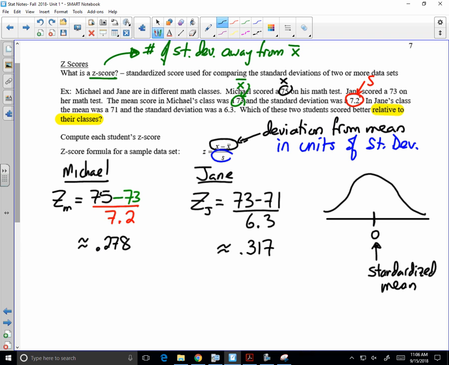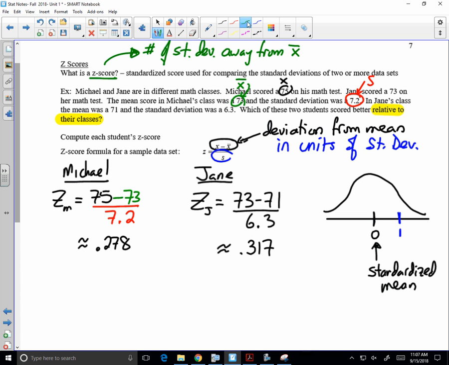But basically, it's just saying that if I were to take a score and subtract from it the mean, and that score itself is the mean, you're going to get 0. Right? The mean itself has no deviation from the mean. 0.278 is a smidge to the right of 0. So I'll put a 1 here just to get a little sense of it.